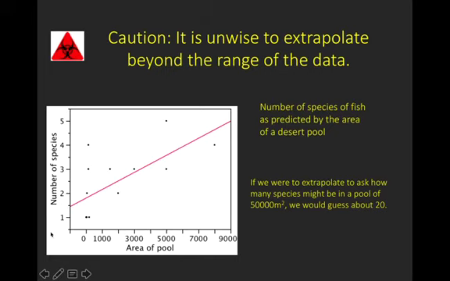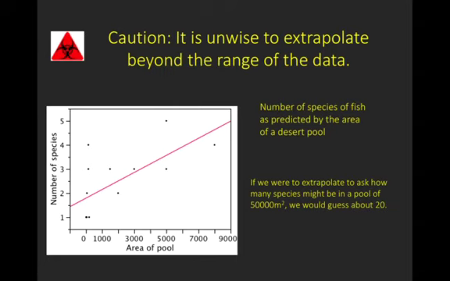Basically, extrapolation will get you into a world of trouble in no time. It's something we tend to do because we want our conclusions to be grander. We often want to make great statements about what our data actually mean. But the most powerful thing you can do as a scientist is make clear statements about what it is that you found, and just what you found, not what you think you could find in the future.